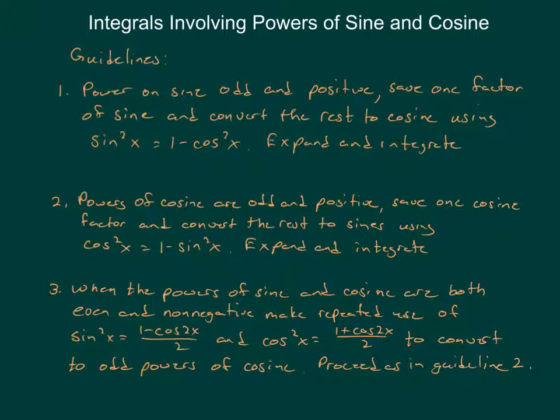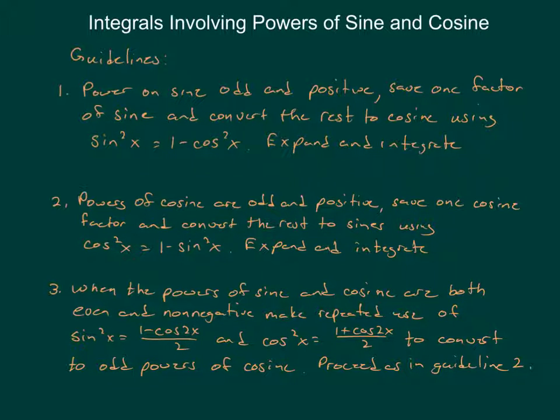At that point, you'll have something to expand, so you multiply that out and then integrate the result. The key part is that you're doing a u substitution. In this situation, u is going to be equal to cosine x, and du is going to be negative sine x dx.